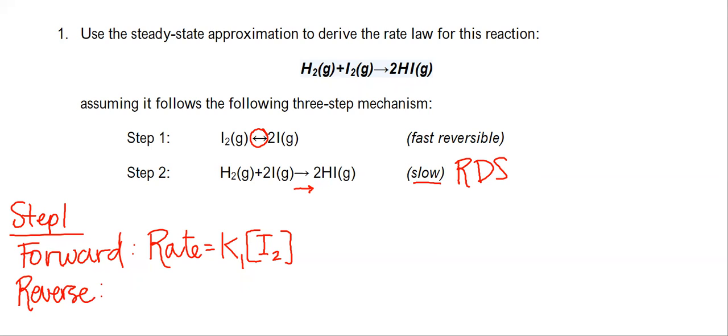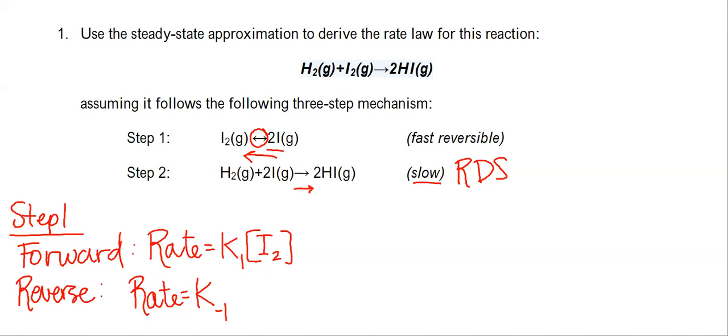Now for step 1, the reverse reaction. This is going the other way, where 2I is the reactant. I messed that up. And we're going that way. The rate would be equal to K, and then just to show that it's the reverse reaction from step 1, you could label that as -1.